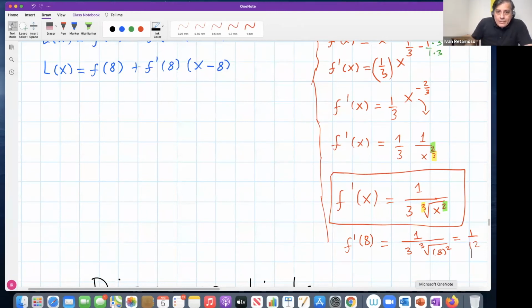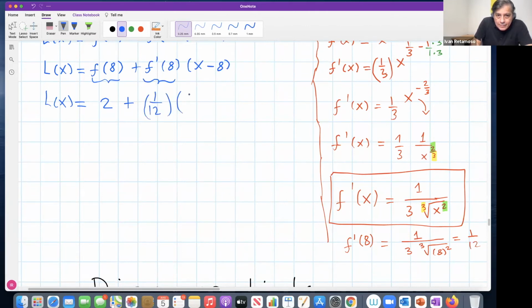Okay, so let's replace everything. The linearization should be equal to the cube root of 8, which is 2, plus this value we found, 1 over 12, times x minus 8, right? This is the linearization.